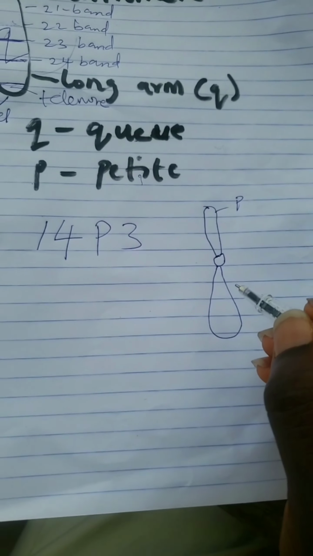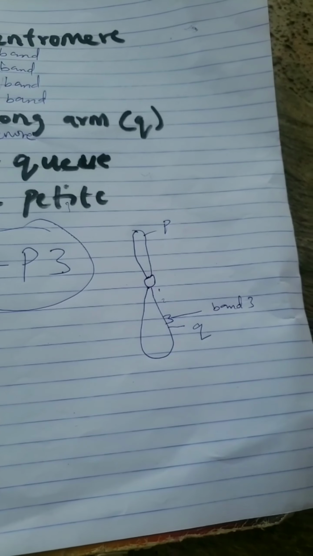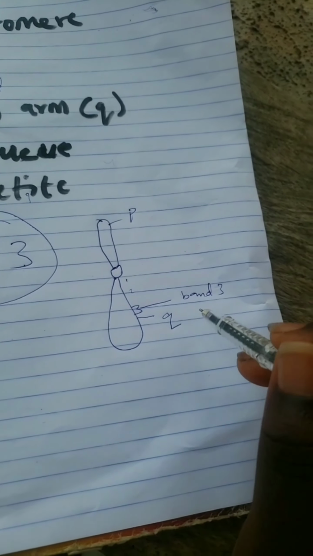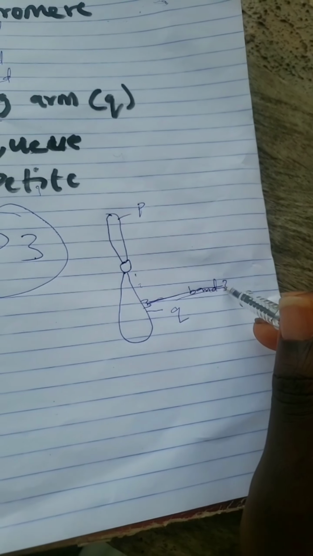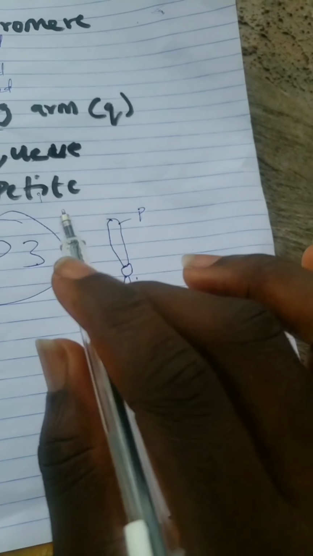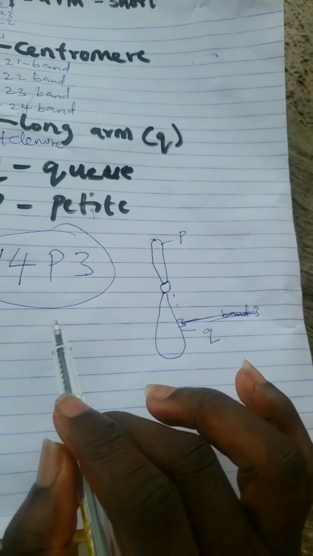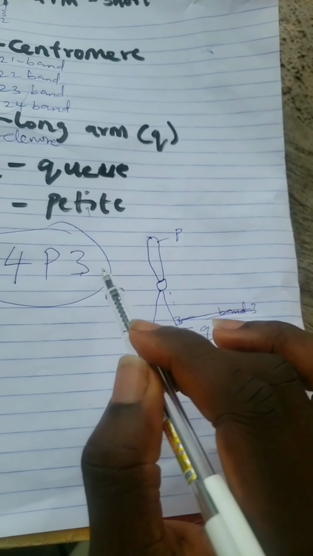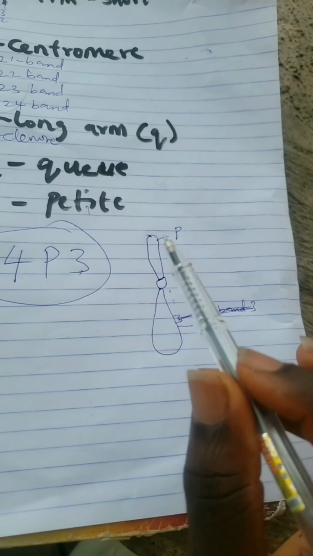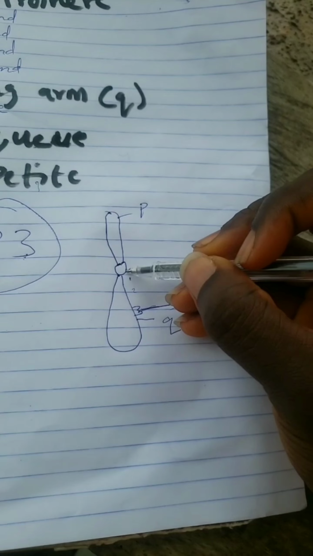As you all know, this is the P arm and this is the Q arm. I want to name this particular chromosome here. Here is our band, and here is our chromosome. I'll be detecting it using this centromere here.